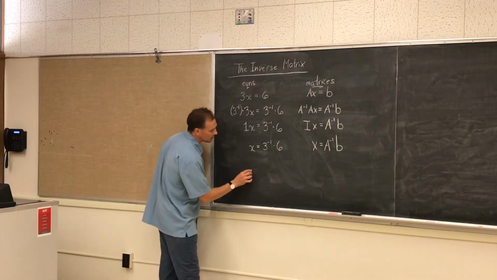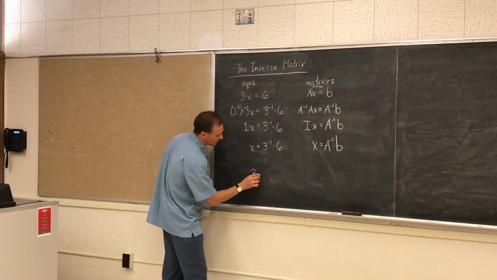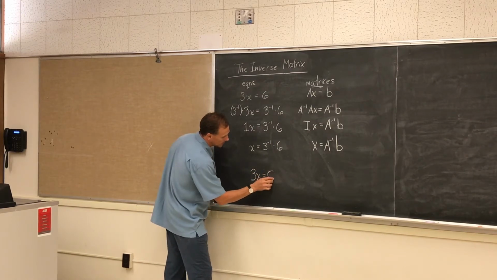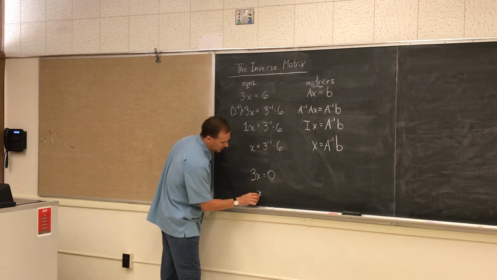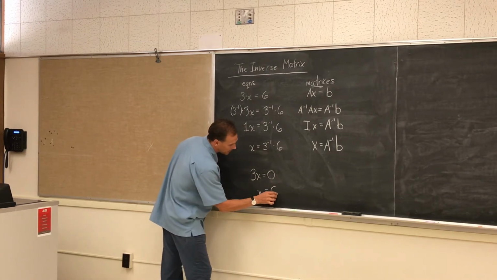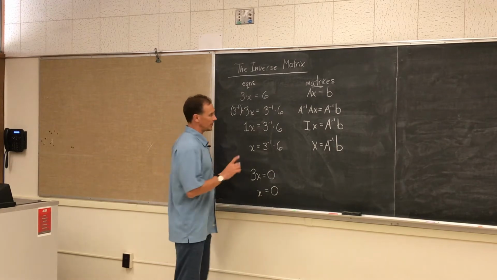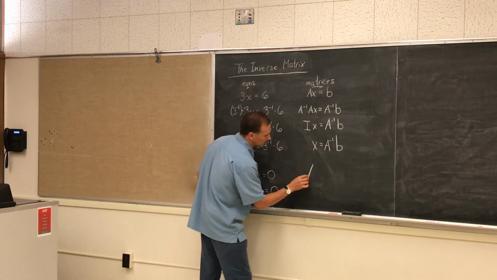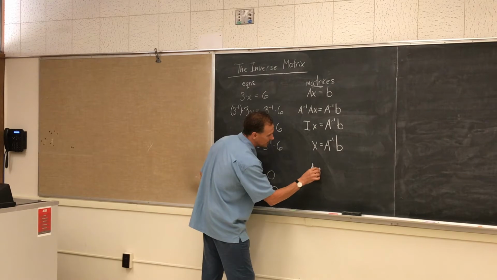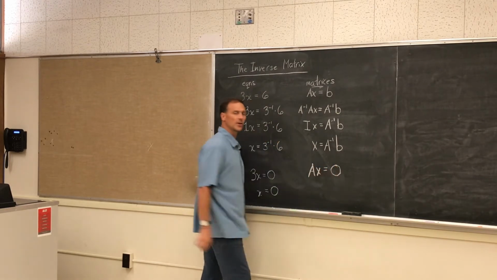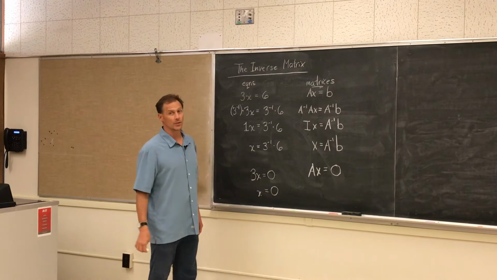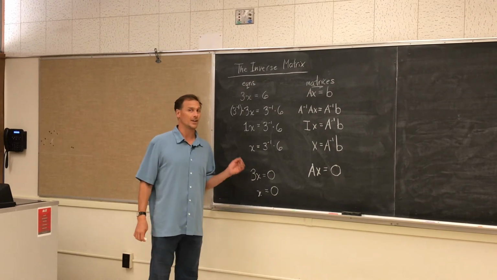If we change the right side ever so slightly, changed it to 0, then we knew what x has to be. X has to be 0. So that's the other thing we're going to take a look at. What does this tell us about inverses?